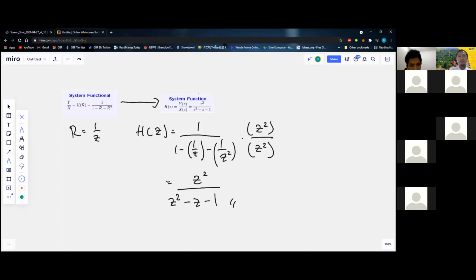So for my group, I need to convert the system functional into the system function.